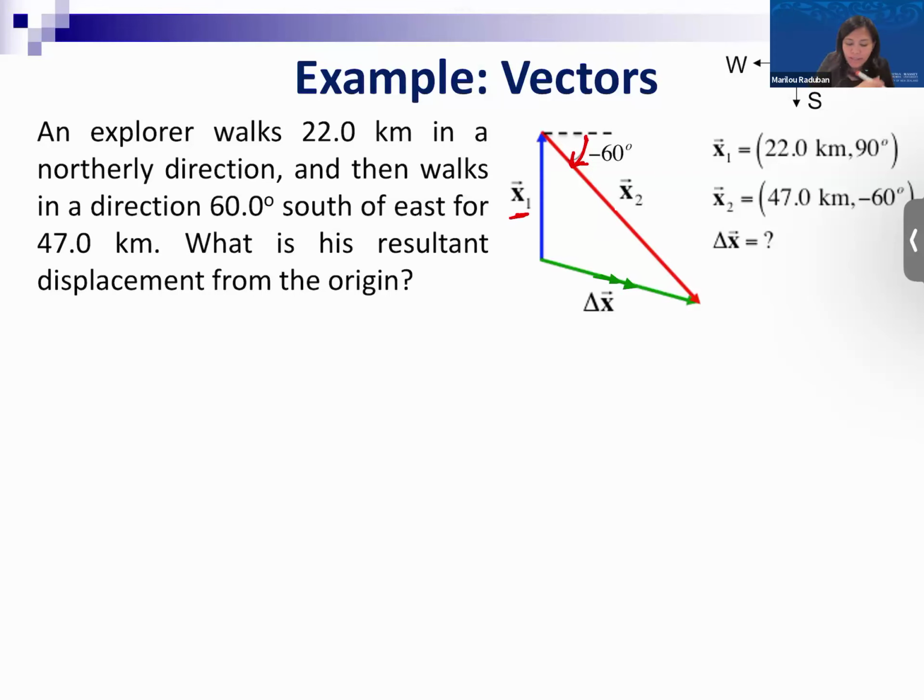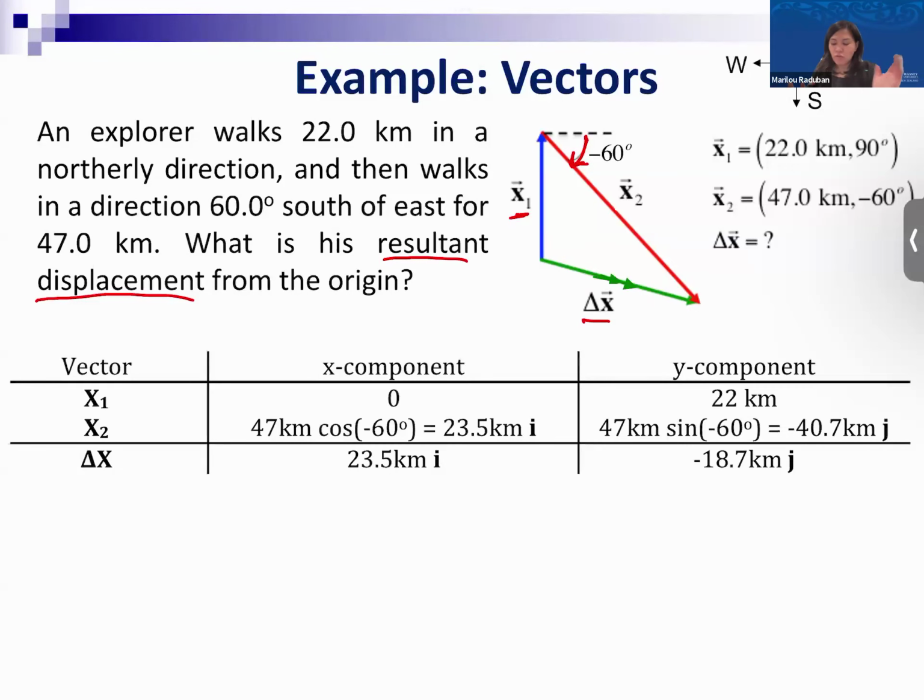What we want to find is the resultant vector, which will give us the displacement from the origin. The resultant vector is shown by this green arrow here. You draw it from the tail of the first vector to the head of the last vector, and that will give you the displacement. Systematically, it's really just a recipe: step 1, step 2, step 3, and so on.